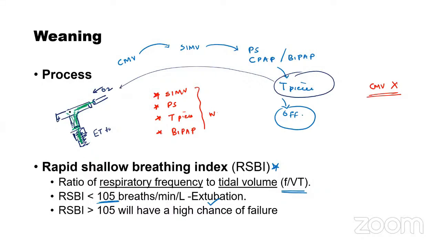The patient will expire, and the expired gas will be exhaled to the open side. After removal of TPs, you can extubate the patient. The maximum time of a TPs trial is 20 to 30 minutes. That means you can put a patient on TPs only to a maximum of 30 minutes. That's it.